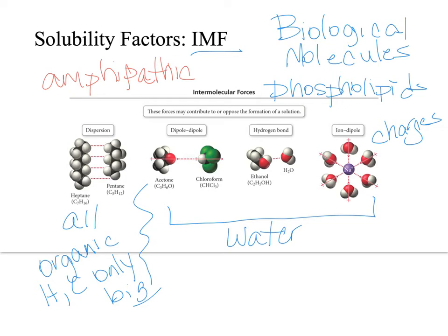And we look at the root word there. The amphibian is another word where we see that particular root. It means that it has a dual nature. And so there's going to be a water-soluble end and a nonpolar end, which allows for things like cell membrane formation. So that's important in biological systems.